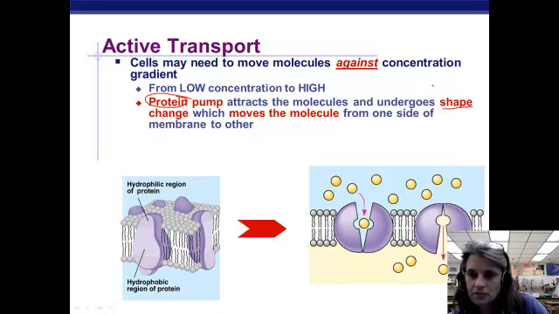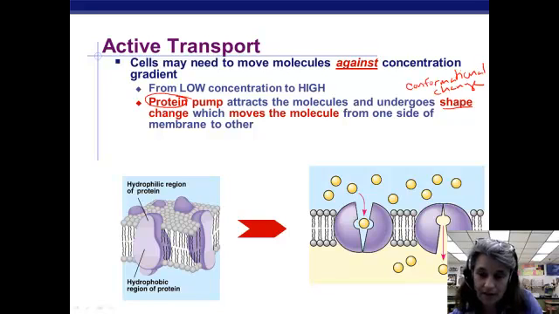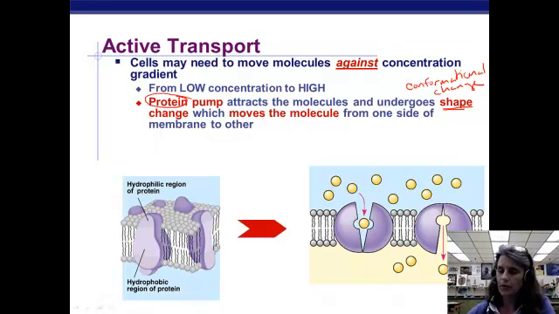Okay? Shape change is also called a conformational change. Okay, and so when energy is applied, let's say to this molecule here, this is the protein pump.